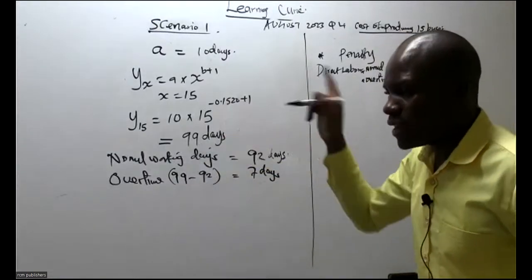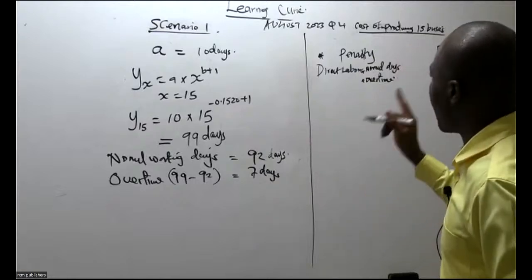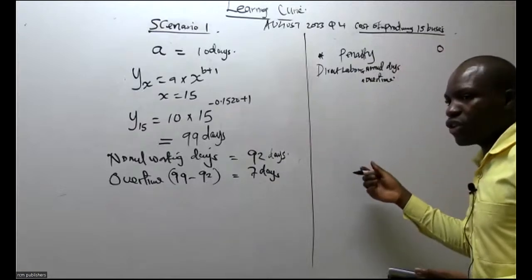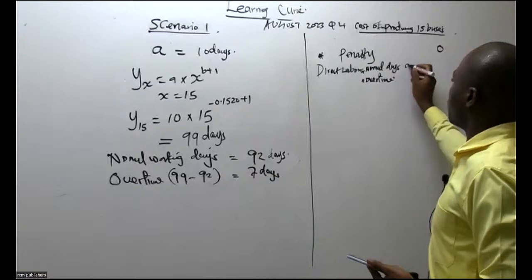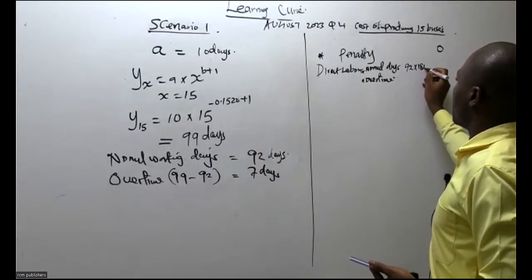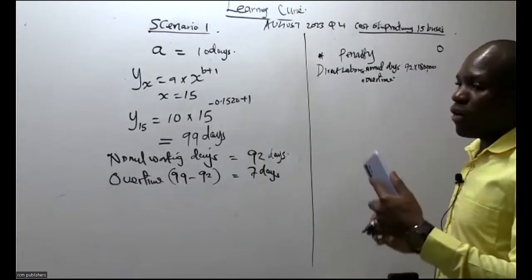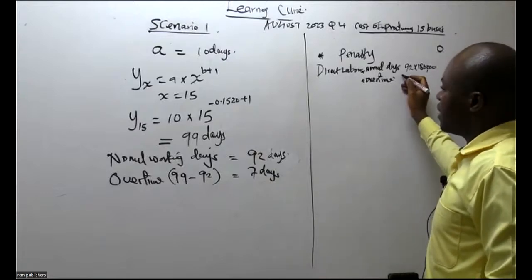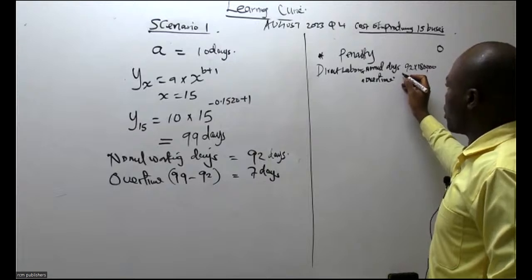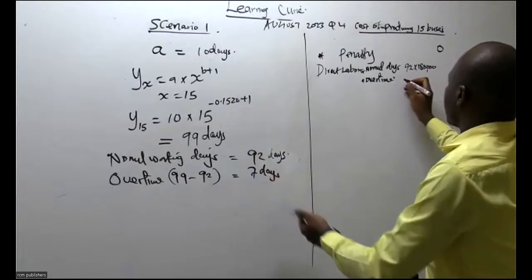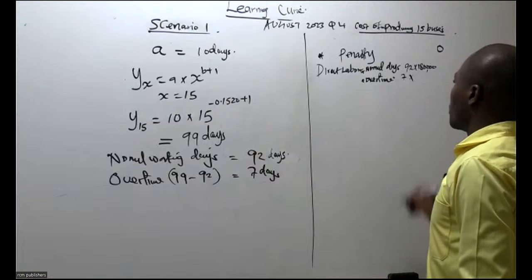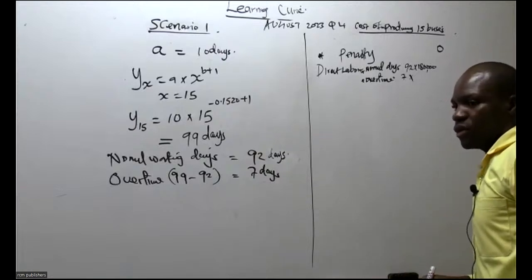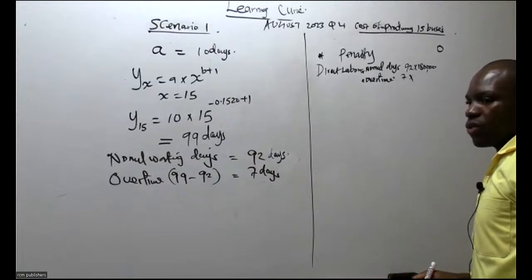It means the first 92 days they're going to be paid at the normal rate, which is 92 by 180,000. The overtime worked by these employees will be paid at double the normal rate, and the overtime days is 7. So what will be the overtime rate?